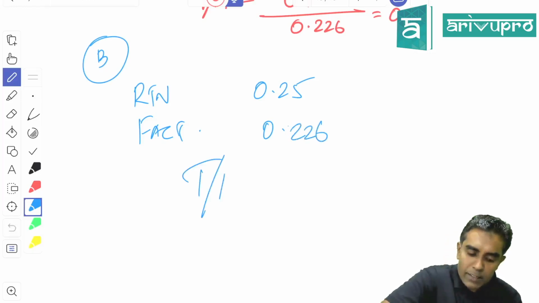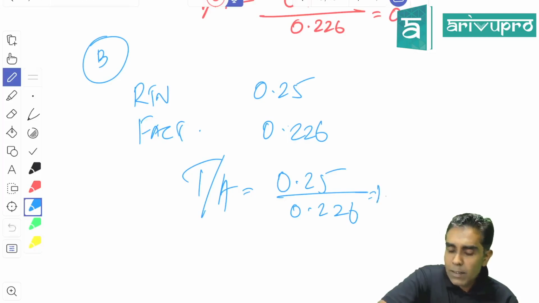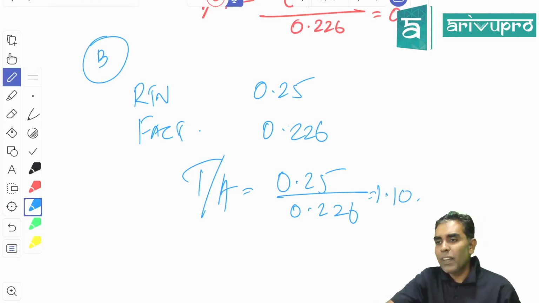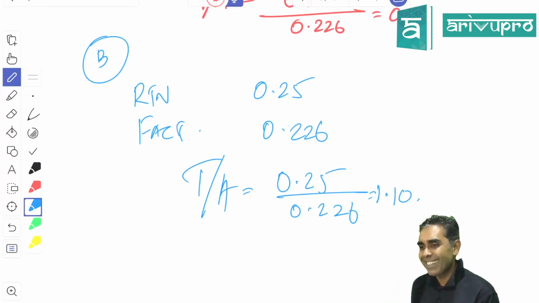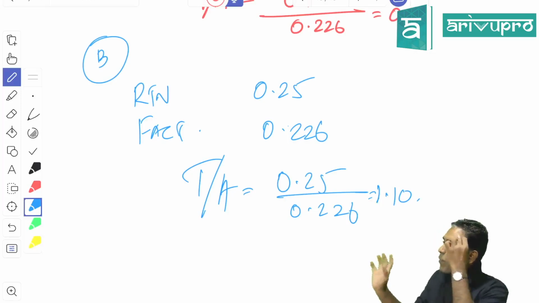Then what is the TA ratio? 0.25 divided by 0.226. That would give you how much? 1 point something. Yeah, no problem. Then this is more than 1. This product will be continued. This is the way of calculating the TA ratio for all the products individually. The factory cost per hour is common for all the products.